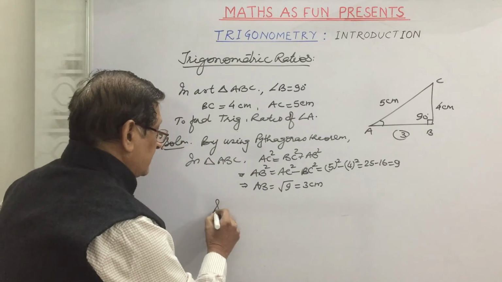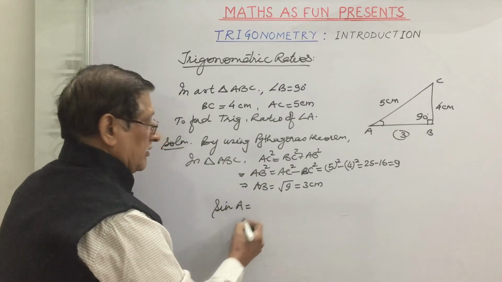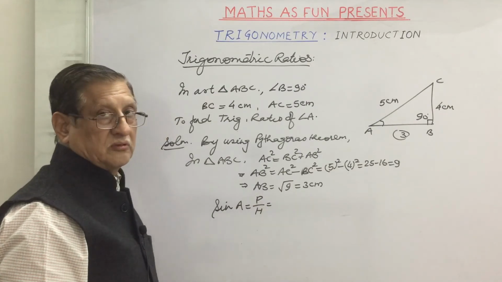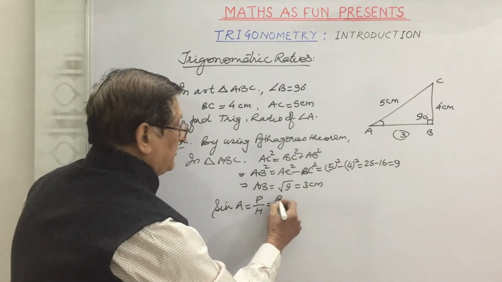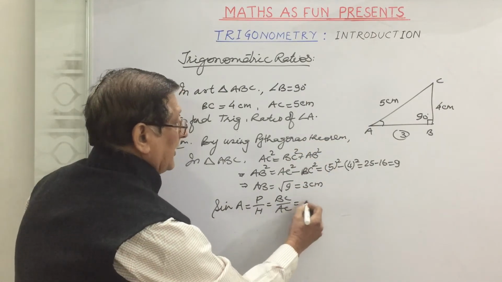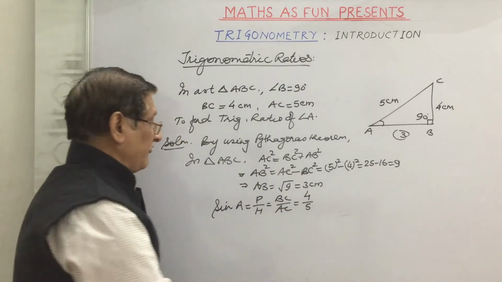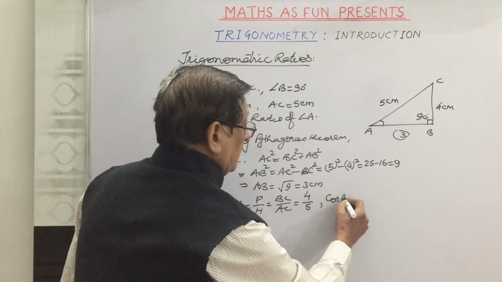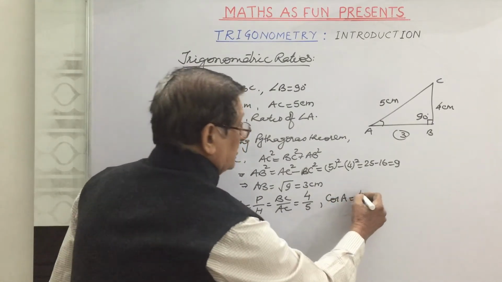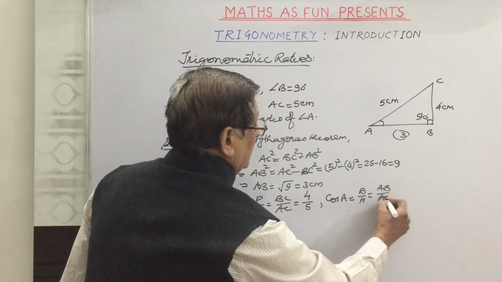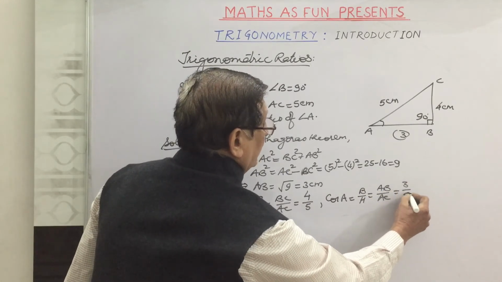It means we get now sine A, which is perpendicular upon hypotenuse. Here this will be BC upon AC, and that is 4 upon 5. If we want to find out cos A, cos A we know is base upon hypotenuse. Here it is AB upon AC, and that will be 3 upon 5.